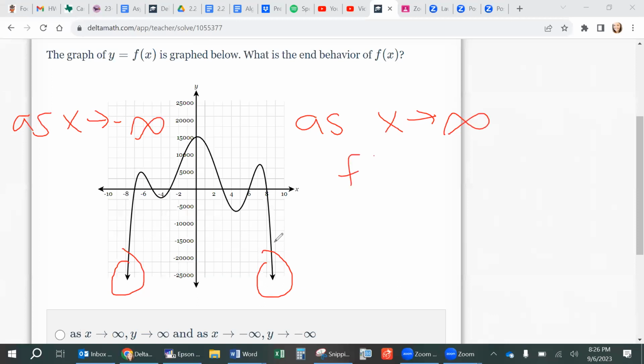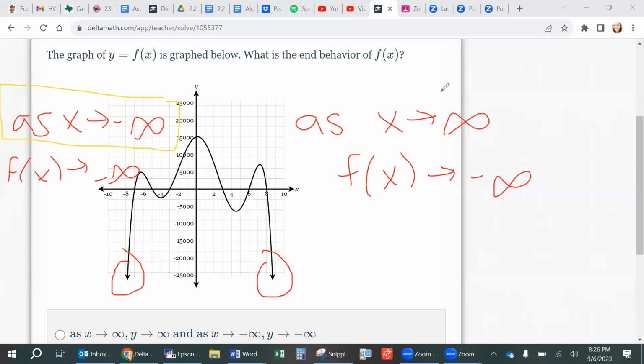Then that means that f of x should be going to negative infinity on both sides. So remember that this part up here tells you what end you're on, a left end versus a right end. But since both of them are pointed down, I want f of x to be approaching negative infinity for both.